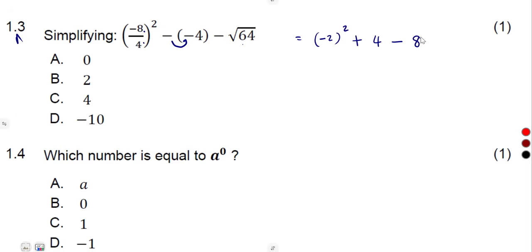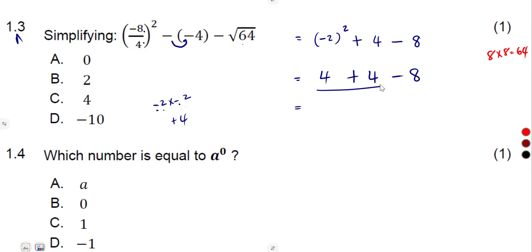So we're talking about the number that multiplies itself to give us 64. 8 times 8, that's 64. So the square root of 64 is 8. Minus 2 squared means you're multiplying minus 2 times minus 2. So minus times minus, that's a positive. 2 times 2, that's 4. So it was going to be positive 4 plus 4 minus 8.